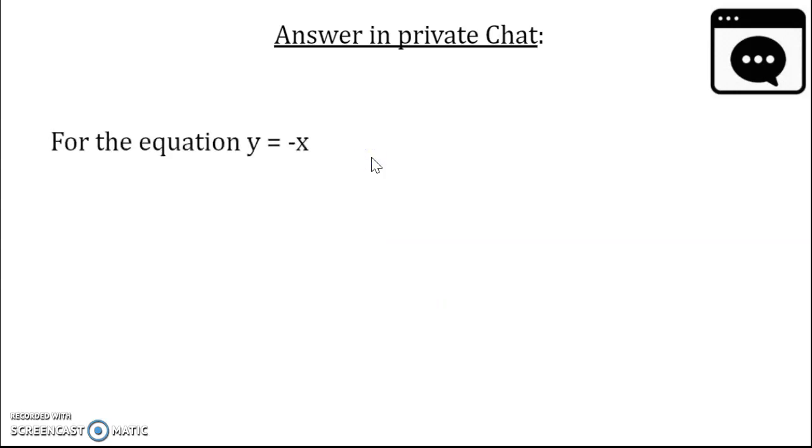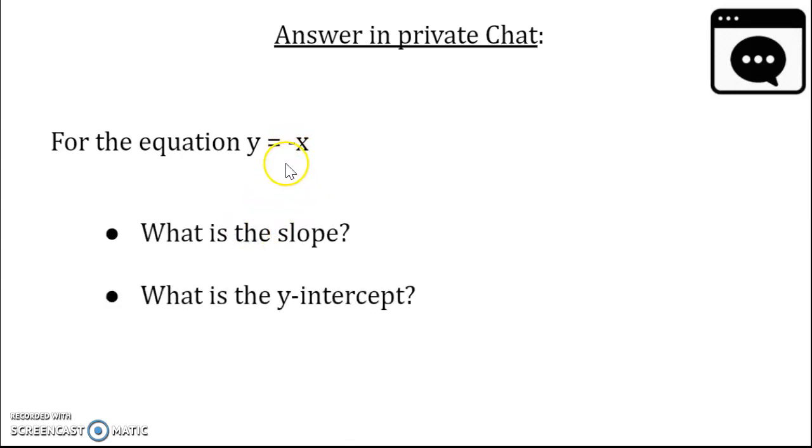Okay, what about this equation? For the equation y is equal to -x, when there is no number in front, the default number that is often ignored is 1. It is really the same as y is equal to -1 being multiplied by x. So when you see a negative sign in front of a variable, please separate it as -1 being multiplied by that variable.